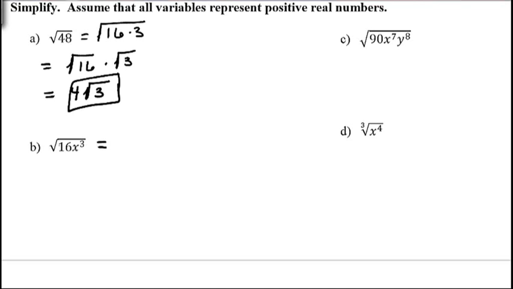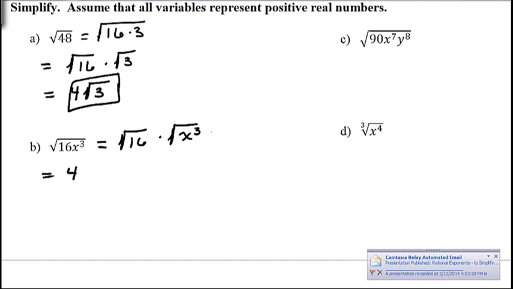Use the product rule again. We have the square root of 16x cubed, so that would be the square root of 16 times the square root of x cubed. Square root of 16 is 4, and we can simplify this. There are a couple of ways that you can think about this.